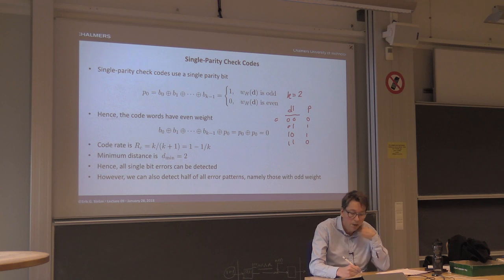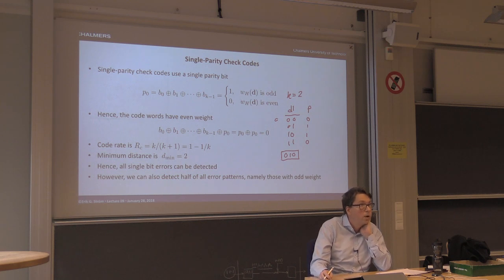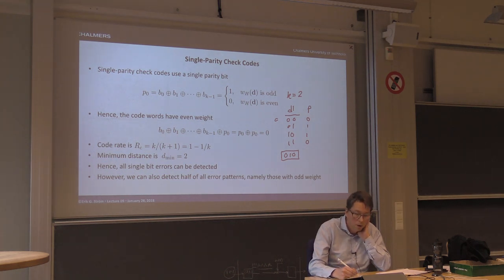So when we receive the pattern 0 1 0, do we declare an error or not? Error. And why is that? Yes, we have an odd number of ones in here. So this one will give an error.